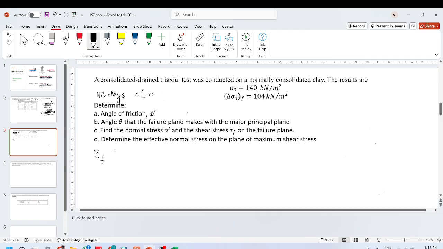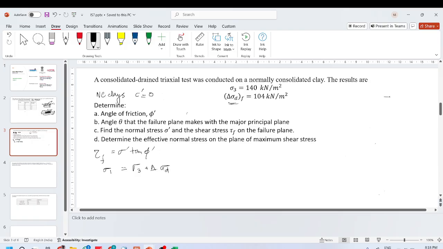tau f equals sigma dash tan phi dash, C dash is 0. And the major principal stress will be sigma 3 plus deviatoric stress, sigma d.